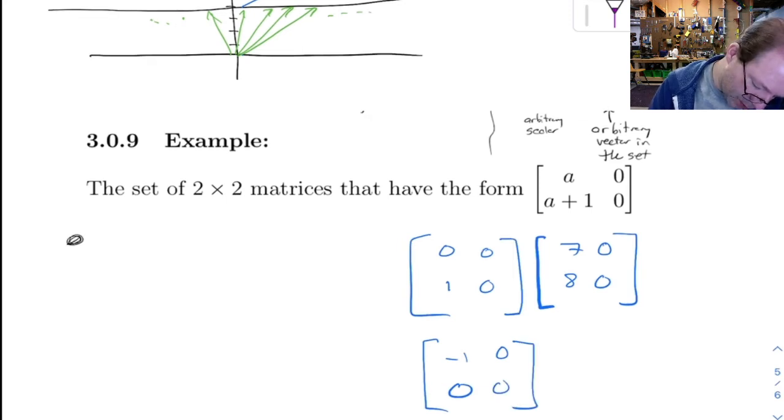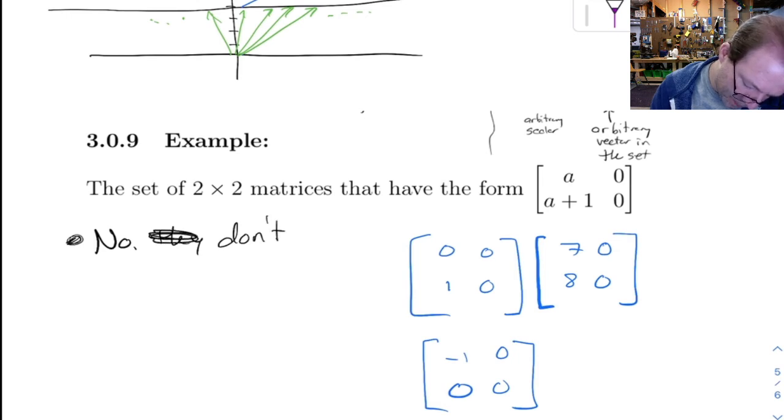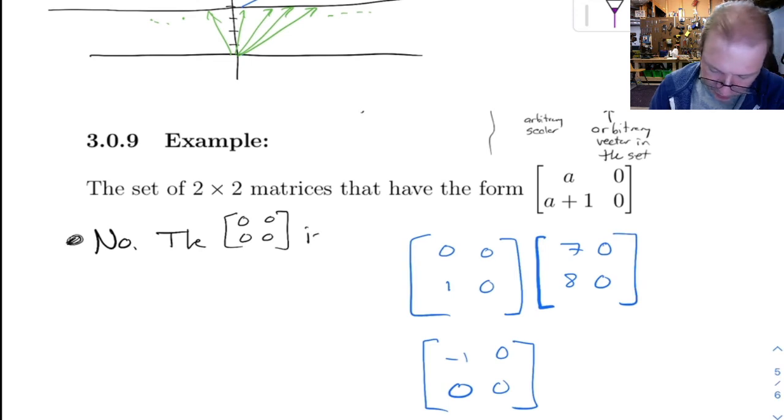So one way we could answer this is just saying, do these form a vector space? No, they don't contain the 0 vector. The 0 vector here is not included.